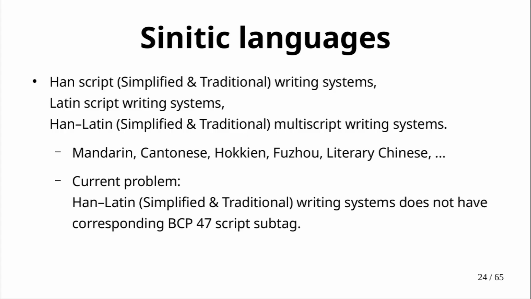So the Semantic language group contains several languages, including Mandarin, Cantonese, Hokkien, Fuzhou, literary Chinese, and more. The current problem for now is that the simplified Han writing system does not have a corresponding BCP47 script subtag, so we cannot properly use a unique and standard identifier for it. And this page is actually outdated because we got the traditional Han Latin script writing system strict subtag approved recently.